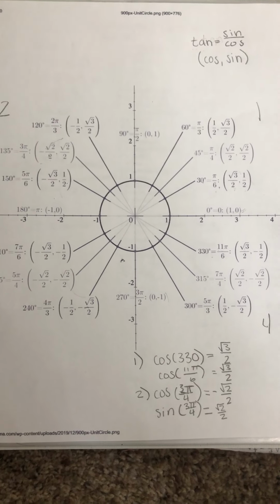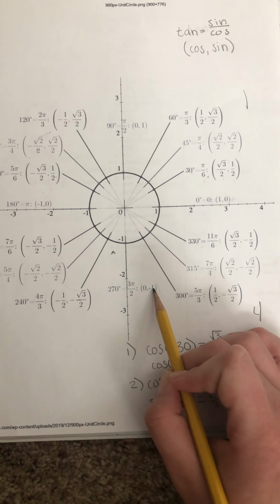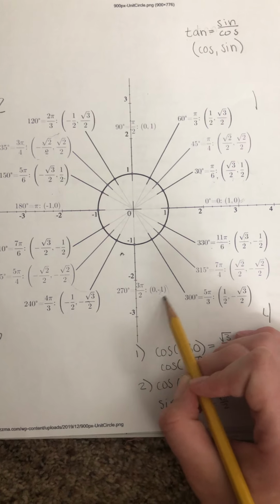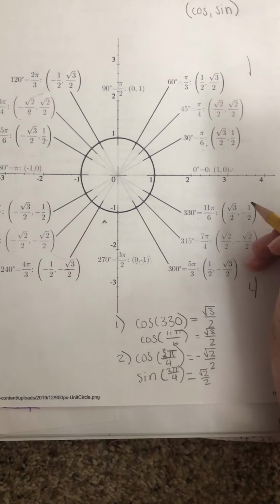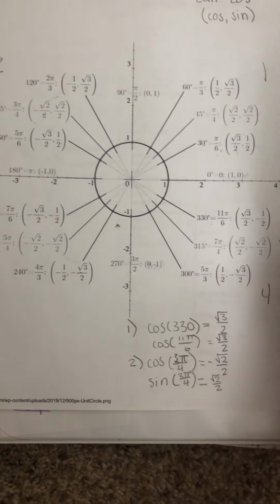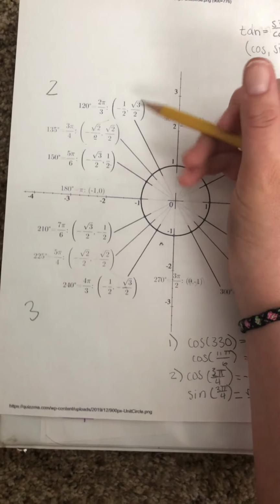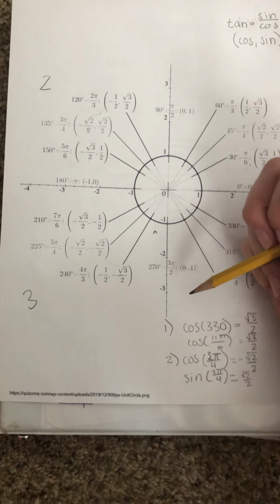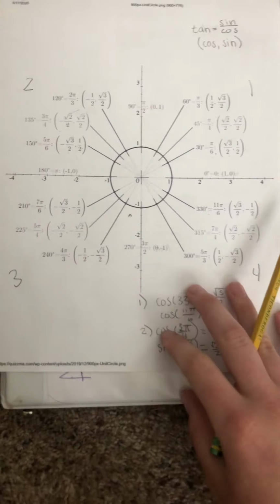Since the y point on this quadrant is negative, each of the y points are negative. Since this x is positive, each of the x's are positive. Same here, all of it's positive. X's are positive, y's are negative. X's are negative, y's are positive.